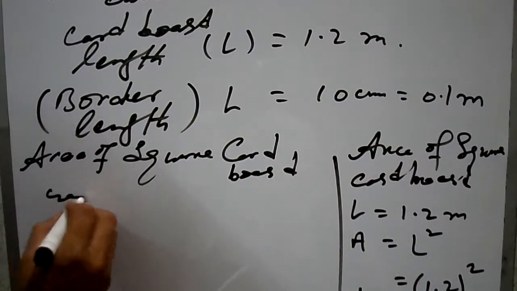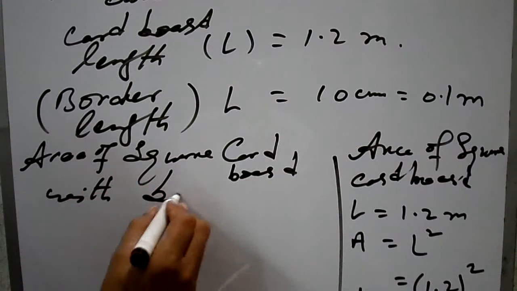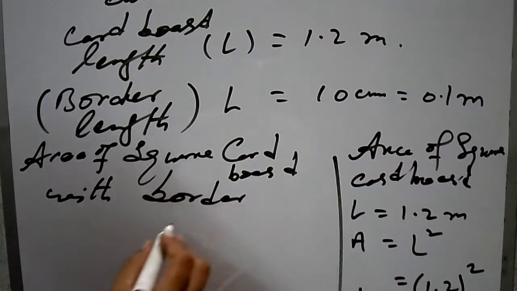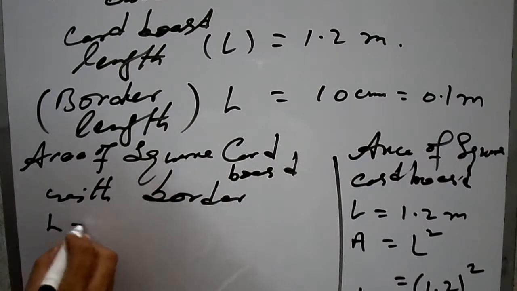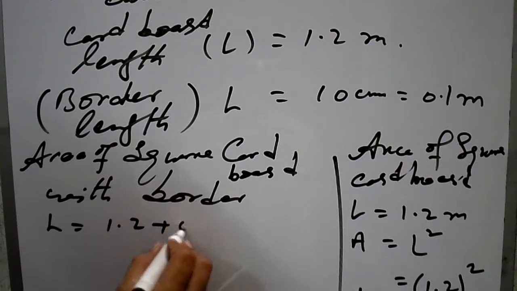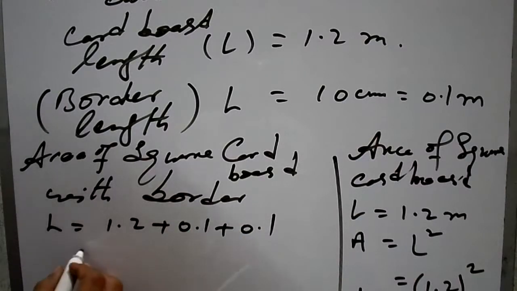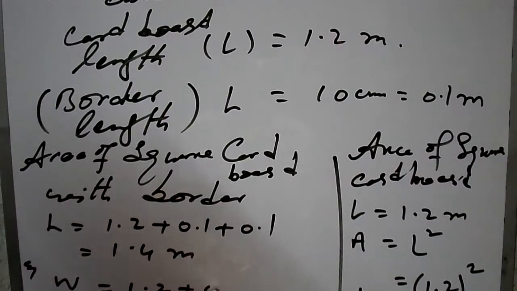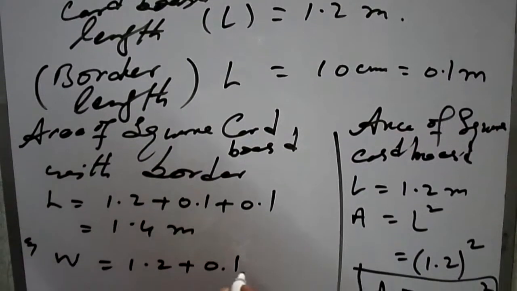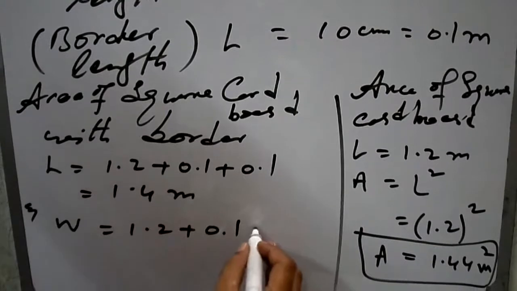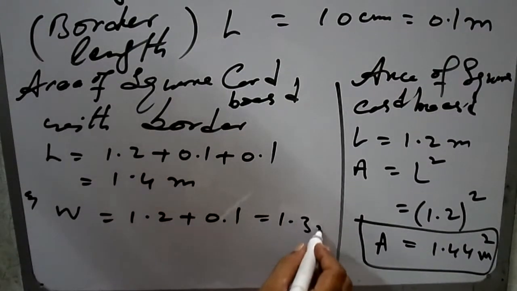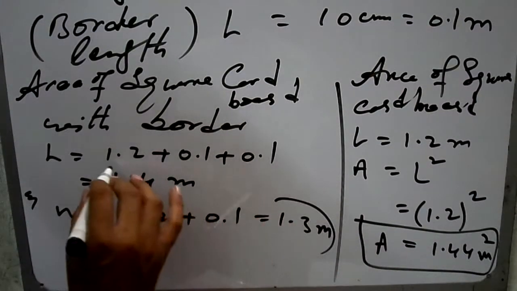So the length will become 1.2 plus 0.1 plus 0.1, that will be equal to 1.4 meter, and the width is 1.2 plus 0.1, so it will be equal to 1.3 meter.